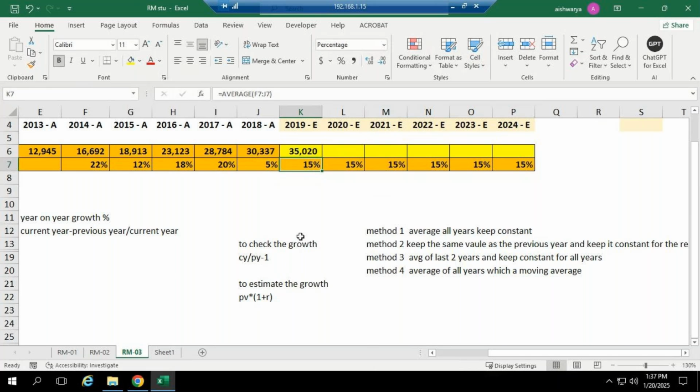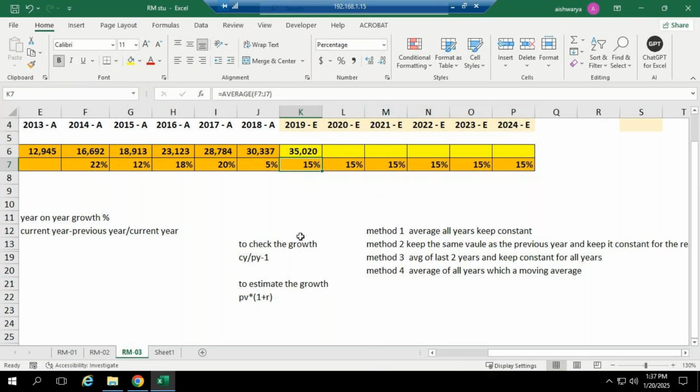That means in 2018, 30,337 was the sales. Then in 2019, it has been increased by 15%. 15% of 30,337 plus 30,337, you will be getting the answer here as 35,020.